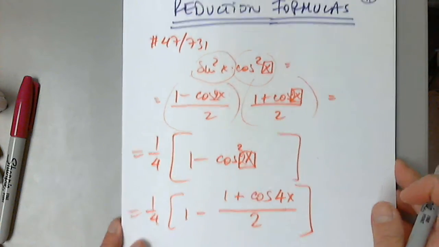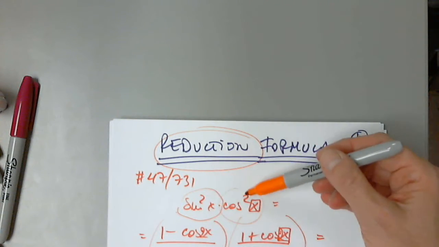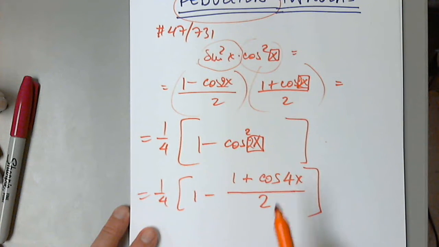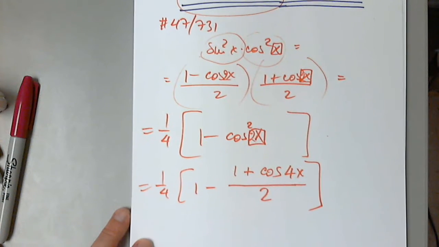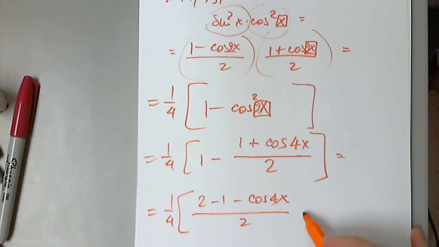So this is the reduction formula. So we are reducing a product with powers into simple cosine, only cosine with no power. It serves a purpose, but not in this class. A very good purpose. So 2 minus 1 minus cosine 4x divided by 2.